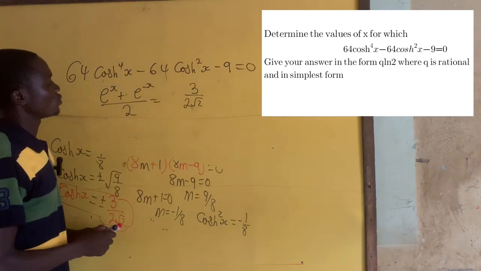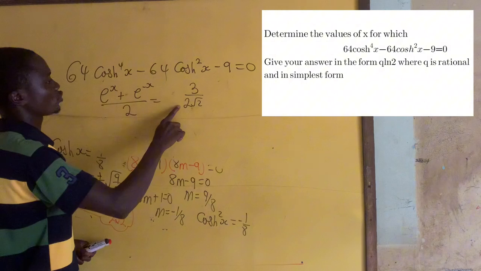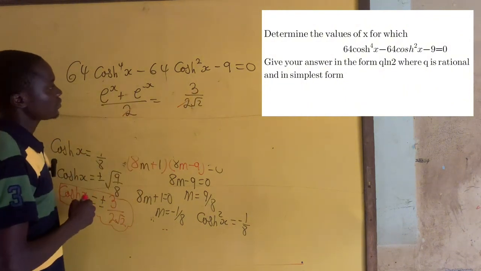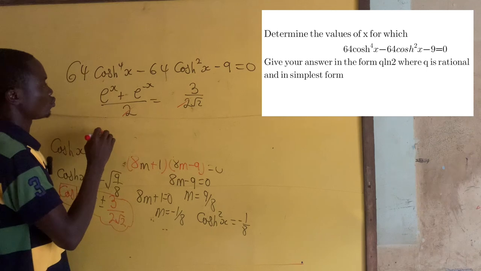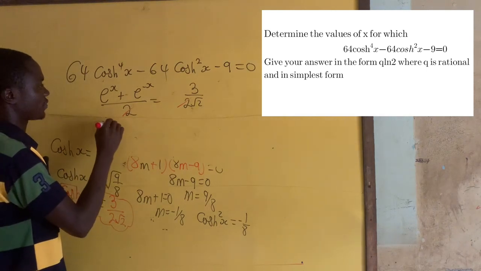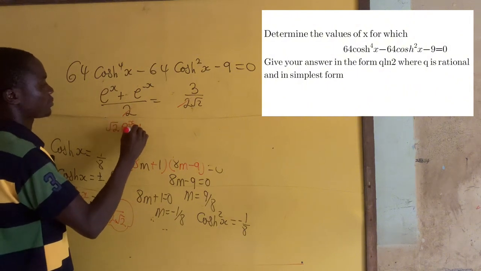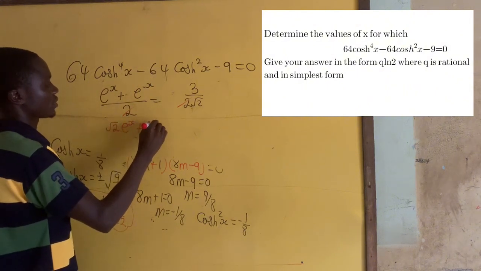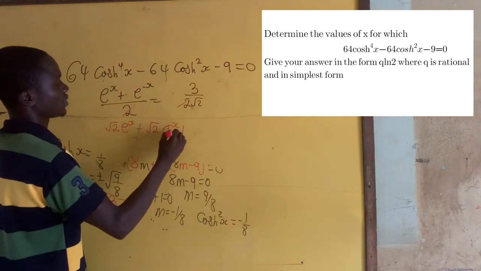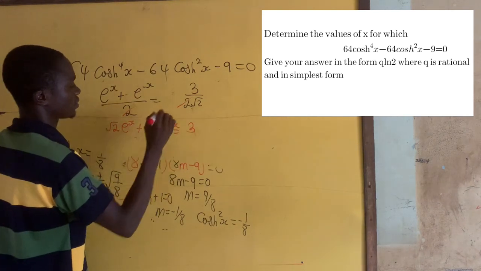So we have to discard the negative sign here right away and concentrate on the positive one. So what do we do? If we multiply through by 2, this 2 will cancel that 2. Now let us multiply through by root 2. So we are going to have root 2 e power x plus root 2 e power negative x equals 3.